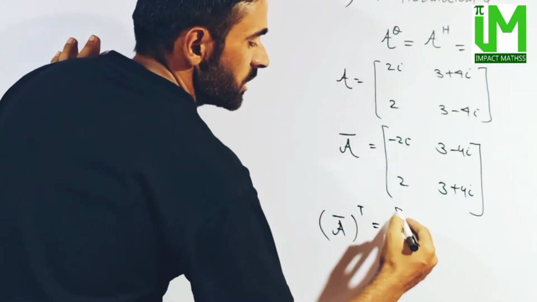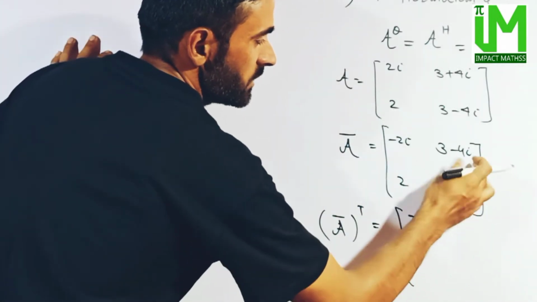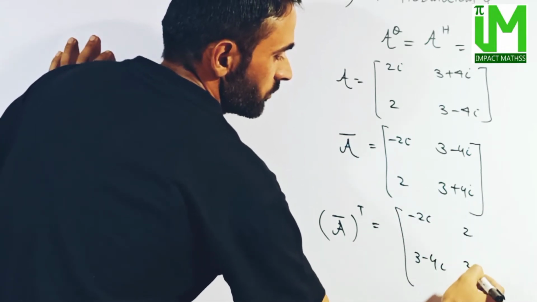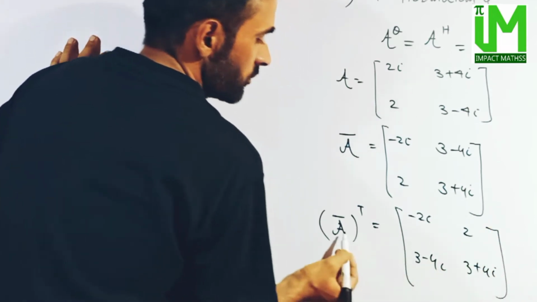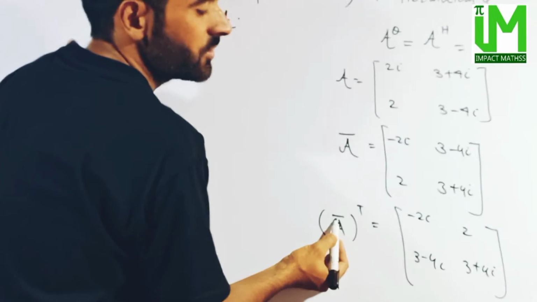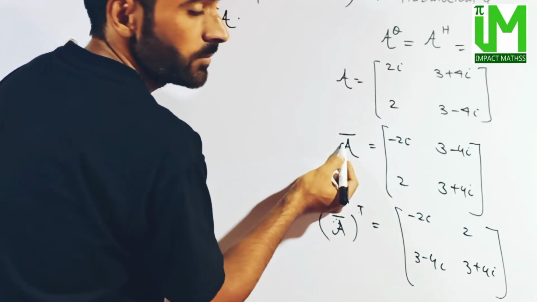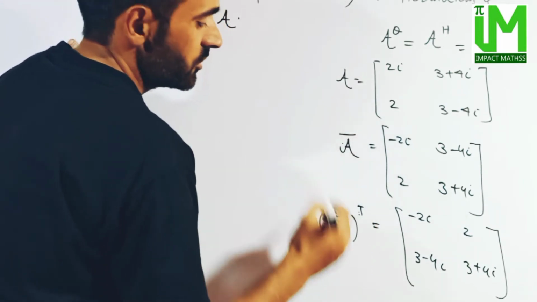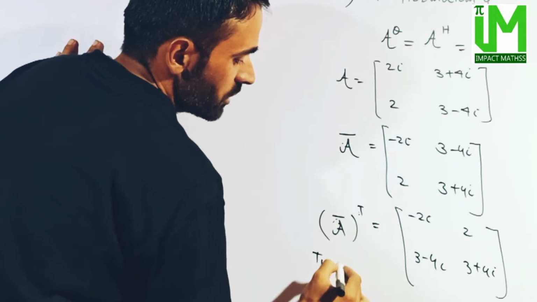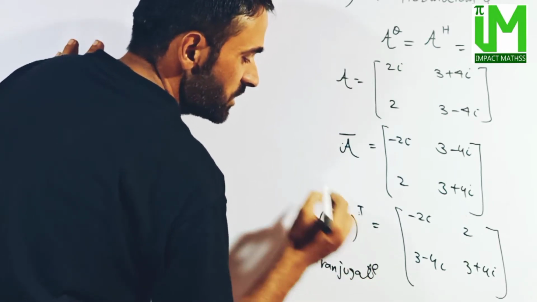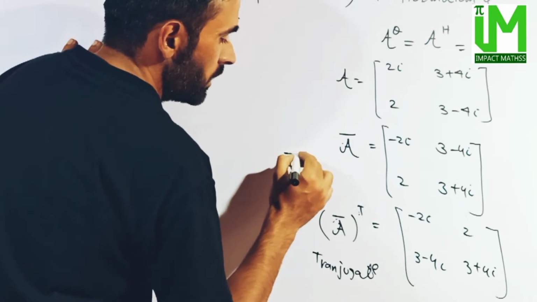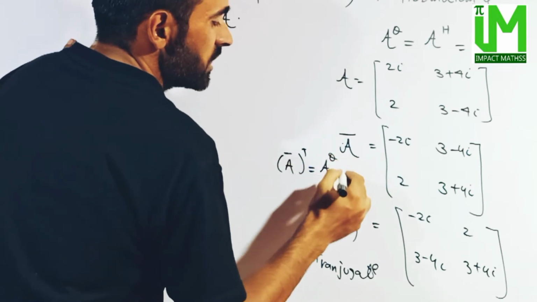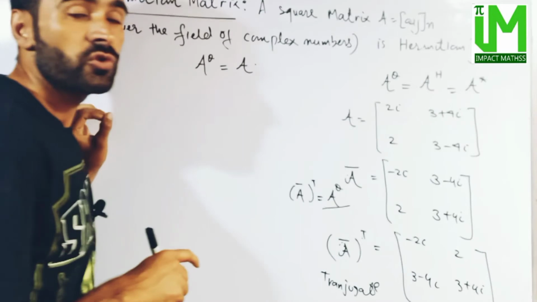Now interchanging rows and columns, so this will be minus 2i, this entry shifts here, so this will be 3 minus 4i. Then we take this one there, so this will be 3 plus 4i, 3 plus 4i. This is the conjugate matrix, we took its transpose, and this is called the transposed conjugate. We denote this, the conjugate transpose, by A raised to the power theta. So this denotes the transposed conjugate of a matrix.